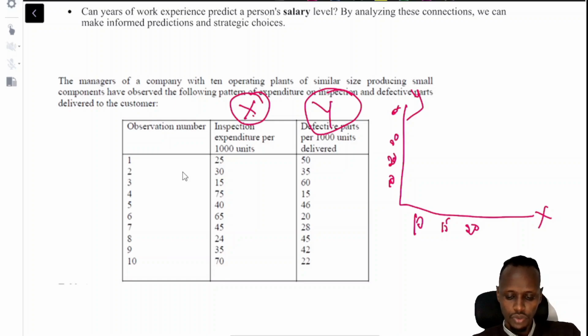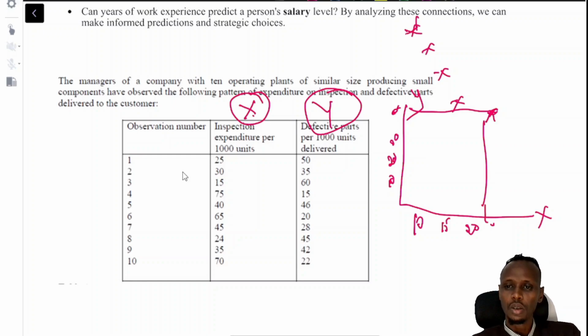So 25 to 50. If we take 25 to 50 and then draw it there, another one here, another one here, we follow this 25, 50, and then we follow another one, and then we draw those points, and then we join them. We draw the line of best fit.